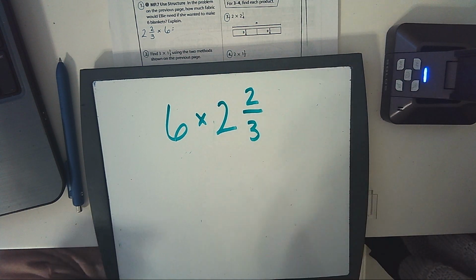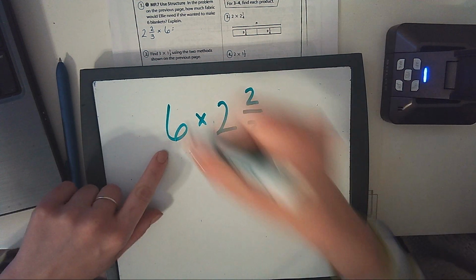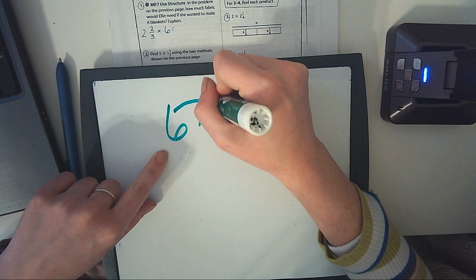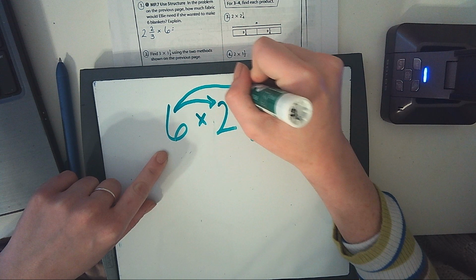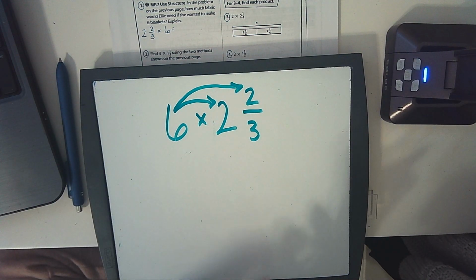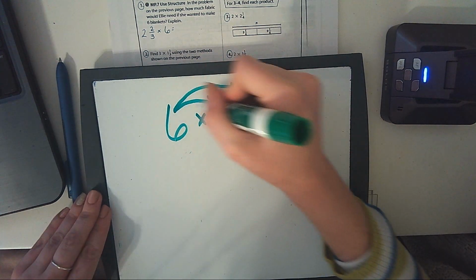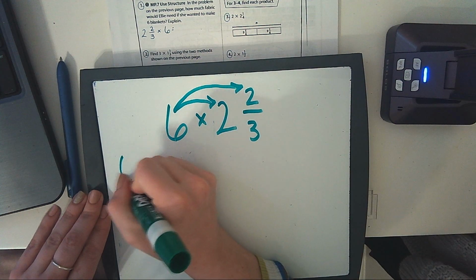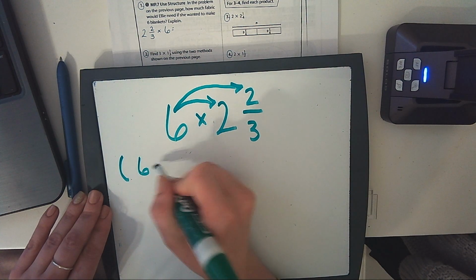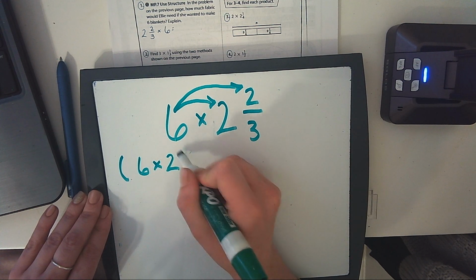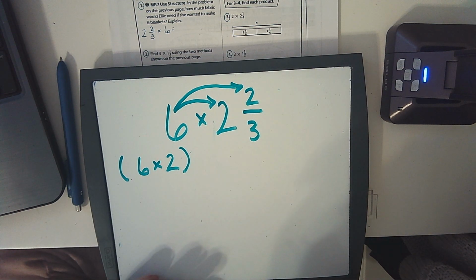I like to write the whole number first because then we can draw the arrows indicating the 2 equations that we're making. So first arrow goes to the whole number, and our first equation is 6 times 2.